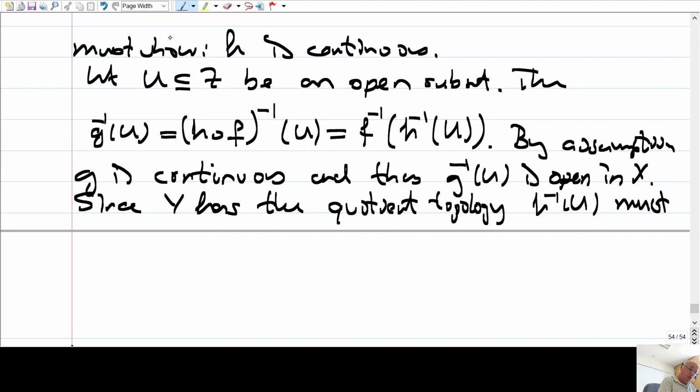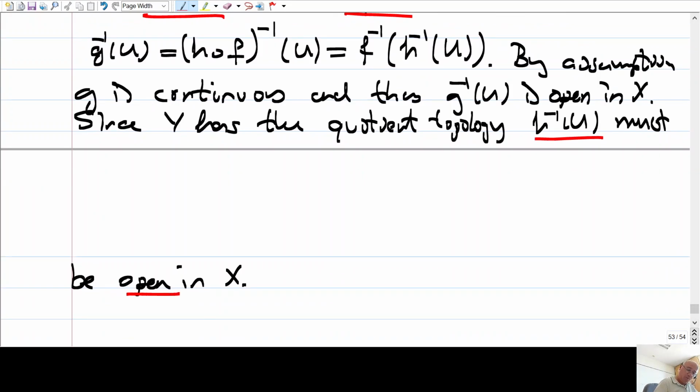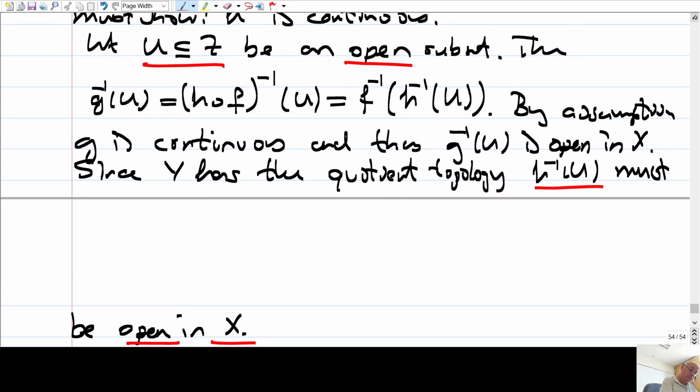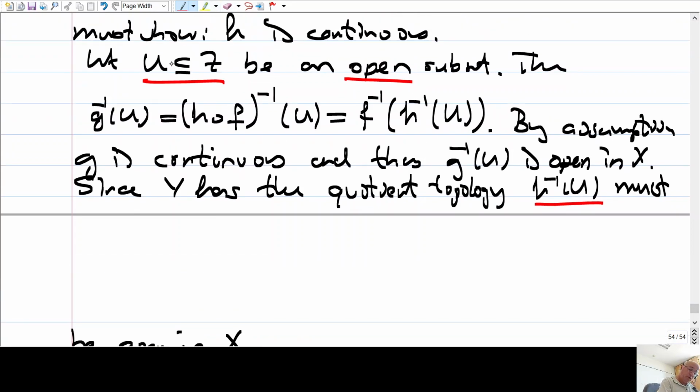I started with an open set in Z, right? An open subset. And we saw that its inverse image is open in X. This means H is continuous, right? So H is continuous.